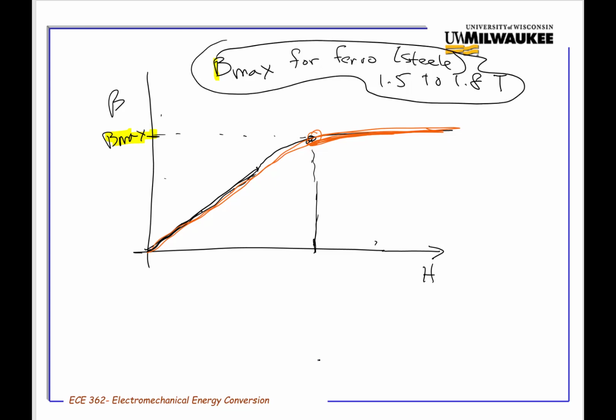The higher up you go on the curve, the more lossy the material is. This will be thicker lamination, and this will be thinner lamination.